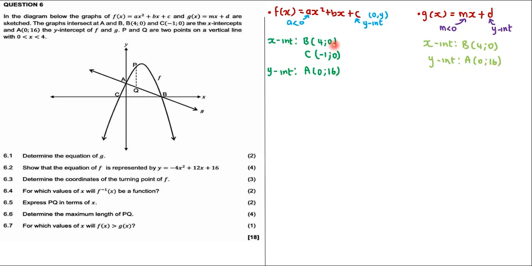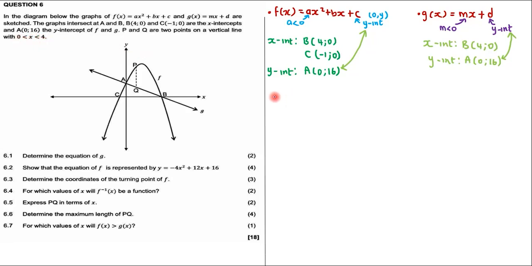All right, by the looks of things here, you can already see that we said this is the y-intercept, so there's a direct link between this and that, and so it is here. So that also applies there. All right, so now that I'm done with my interpretation, I can also focus on the last part. The last part that we were told here was that P and Q are 2 points on a vertical line, right, with x greater than 0 but less than 4.